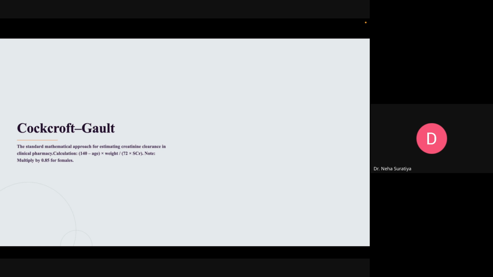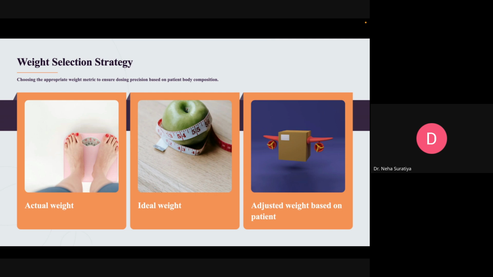Okay, so I'm happy with your answer. Male patient it is, yes. 140 minus age, into weight, over 72 into serum creatinine. And of course, if the patient is female, you will multiply by 0.85, right?